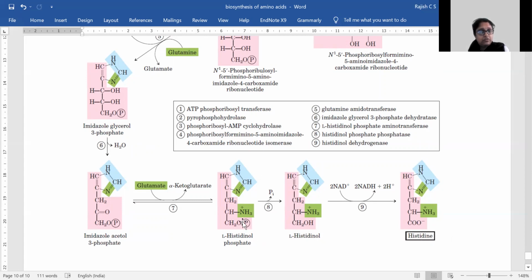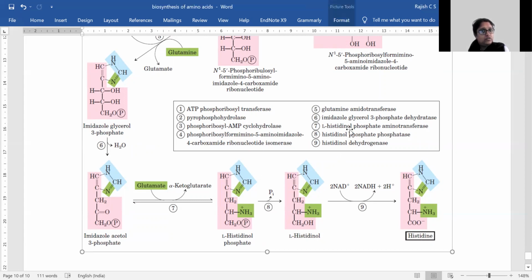So that will be removed by a phosphatase, so the histidinol phosphatase will remove the phosphate from here, and then we will have the enol form, L-histidinol. Then a dehydrogenase reaction needs to happen, so that the enol form becomes the carboxylate form, and we will have the histidine molecule.